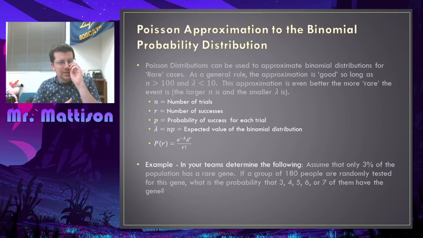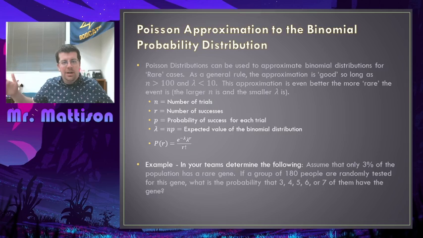So anything that is less than a 10% chance of success with greater than 100 sample size, right? And the more rare it is, the better it is. So it's usable at a sample size of 100 and a lambda of 10, but it's even better when your n is 1,000 and your lambda is 2, right?